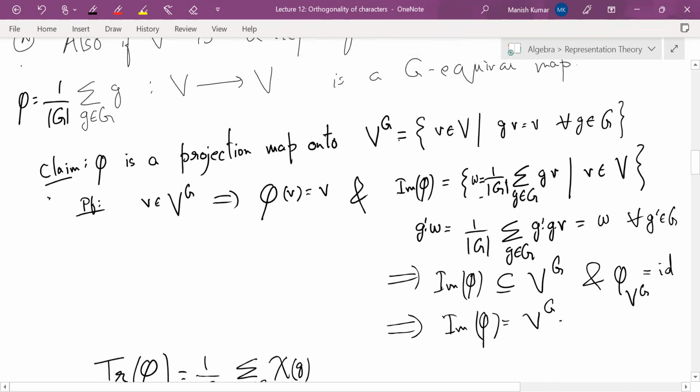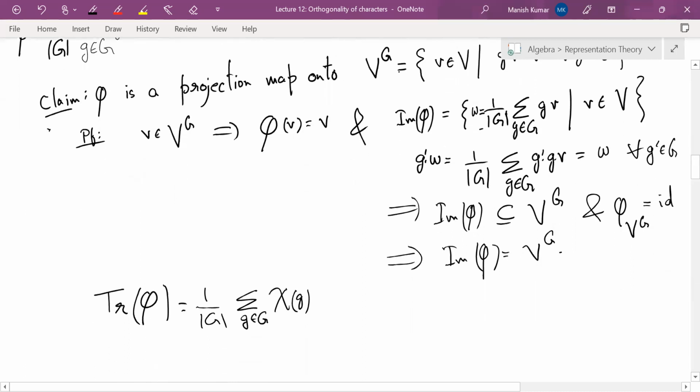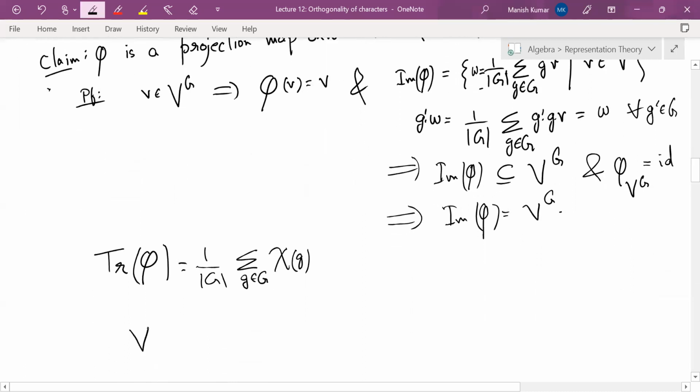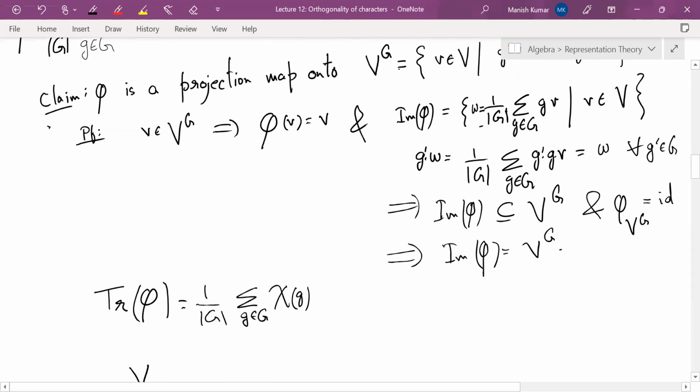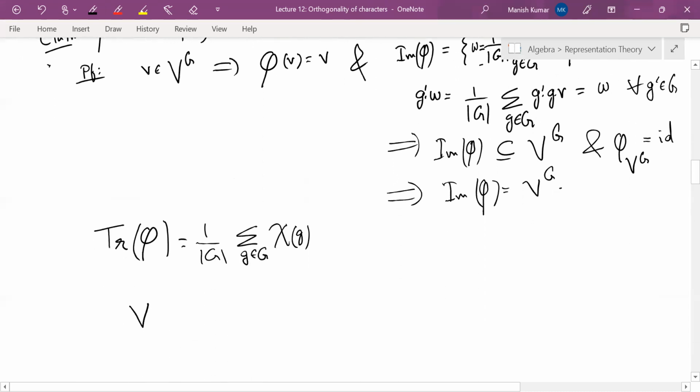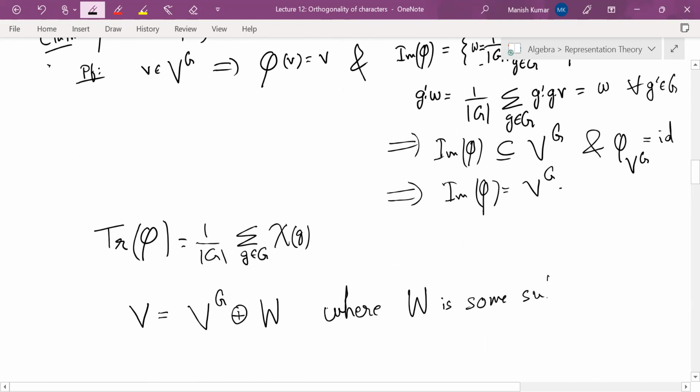So what you can do is always write V. We know that V^G is a sub-representation of V, and you can always get a complementary one. So V is equal to V^G direct sum W, where W is some sub-representation of V. So you can always write it like this.